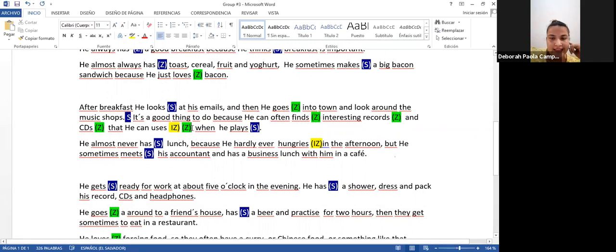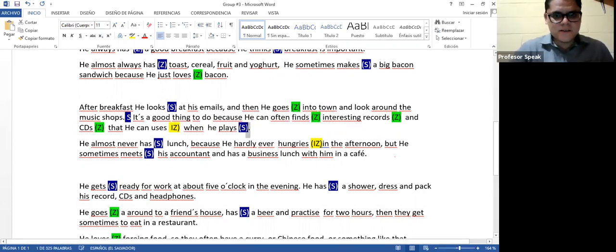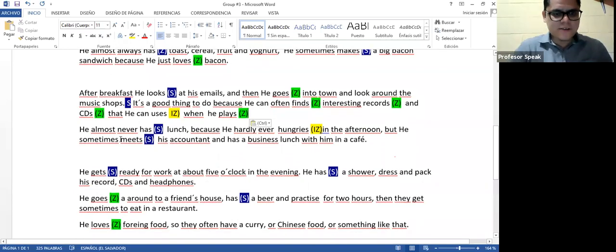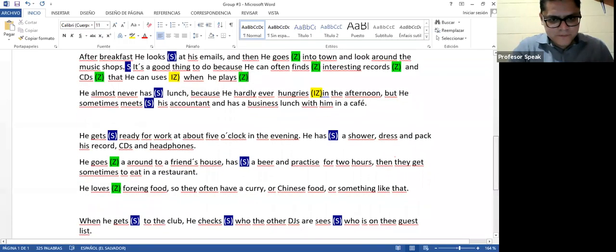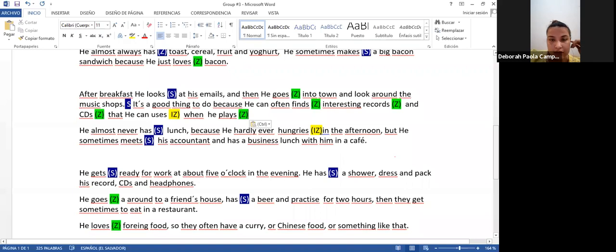When he plays with voiced sound. Uh-huh. Yes. Okay. Hey, you had a lot of mistakes in this paragraph, guys. Okay. All right. Continue, Deborah. He almost never has voiced sound.